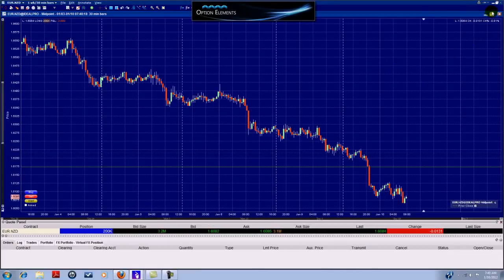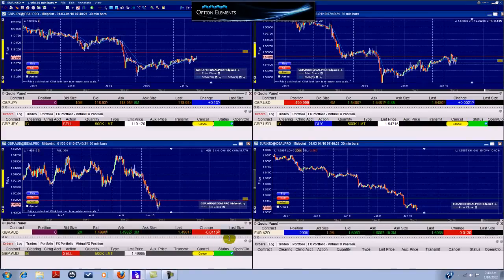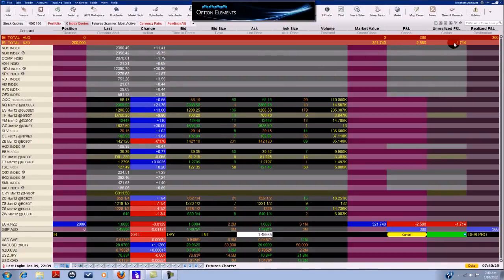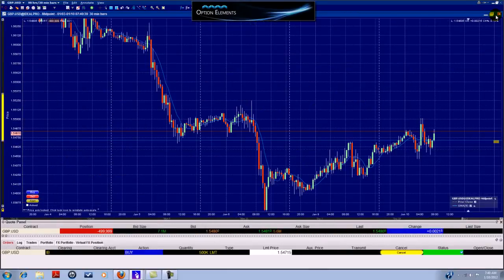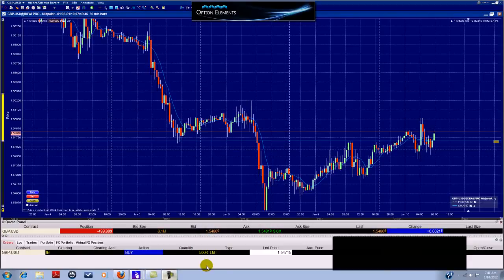But it doesn't affect your real P&L, as you can see right here. So we're actually only down 1,700 on that, not 25. But anyway, we don't like to be down at all. So we're going to work these today. We're getting started. I'll be back with some more commentary when the situation warrants.